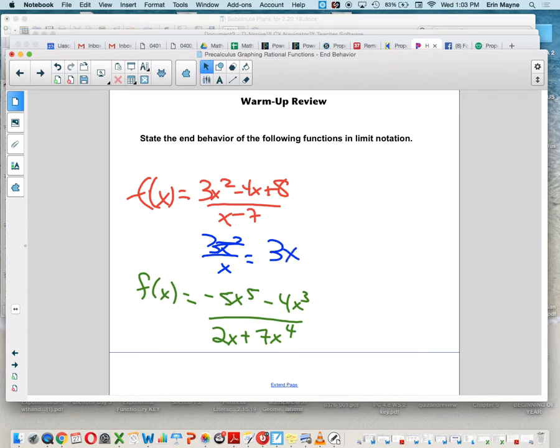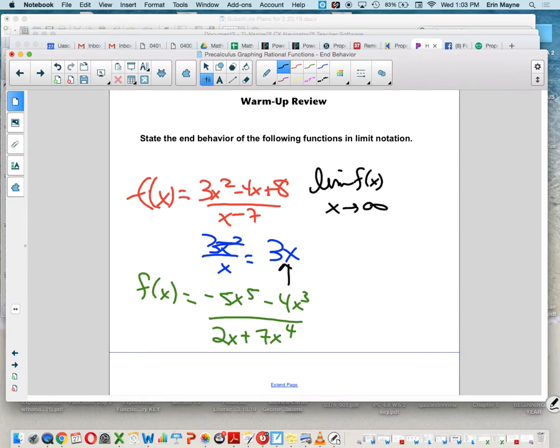Thinking through our concepts from Tuesday, when I'm thinking about end behavior, it's with the idea of what is happening in the long run. So if I stick a huge number in for x, my number becomes bigger and bigger. So as x approaches infinity, f of x approaches infinity as well.